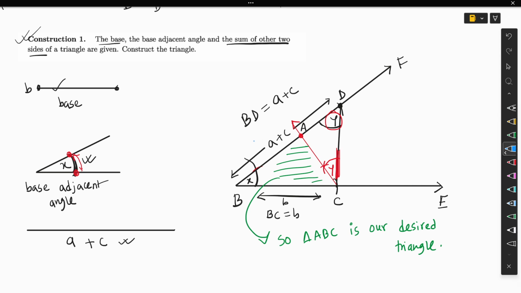Let you know that if a triangle, let's say this is a triangle, and this angle is equal to this angle.